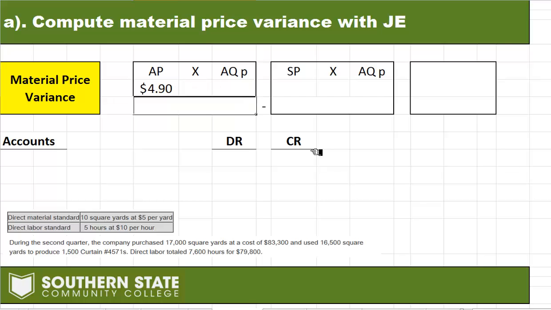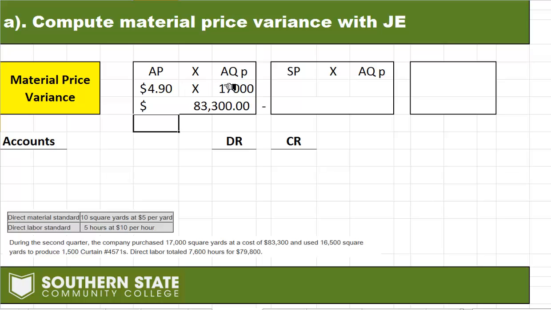I get an actual price of $4.90 per yard. Then we multiply that by the actual quantity purchased, AQP. So 4.90 times 17,000 gives me $83,300. That is what we spent in real life on the material we had to buy for the product.